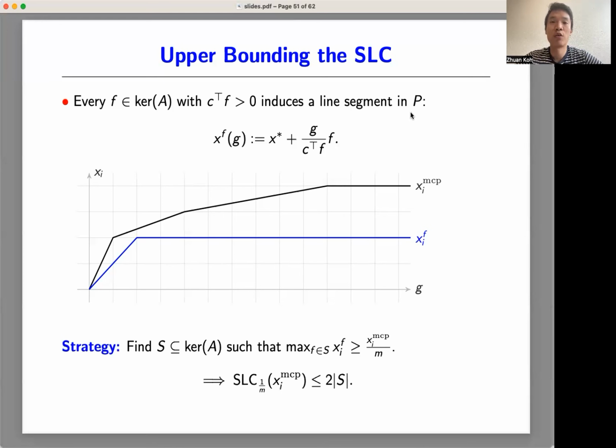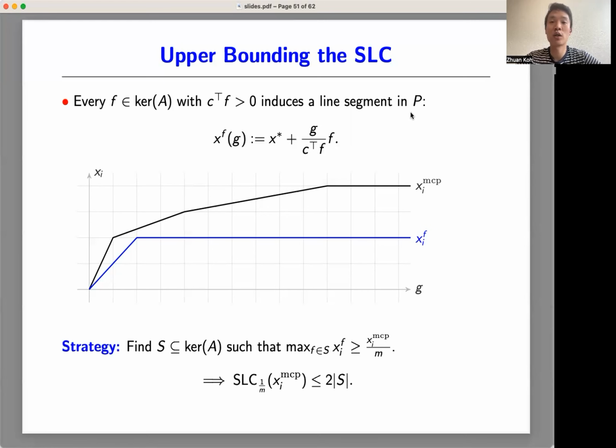Our strategy for upper bounding the straight line complexity is to find a subset of kernel vectors such that the pointwise maximum of their associated simple curves lies in the 1/m neighborhood of the max central path.